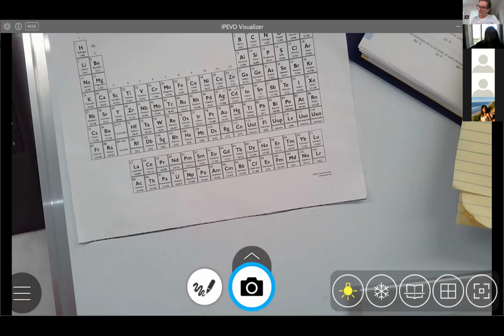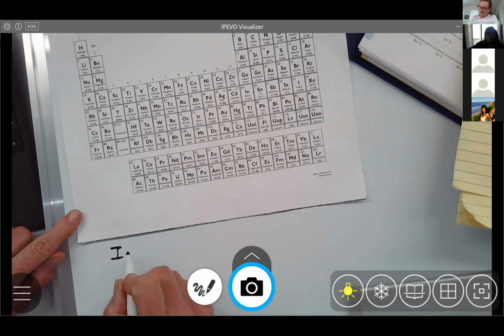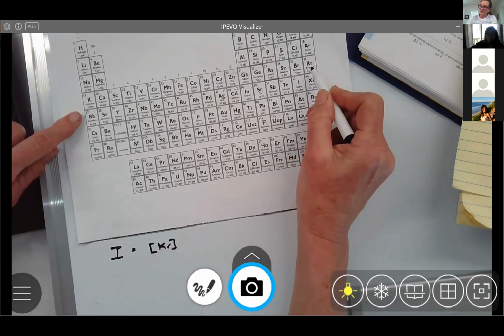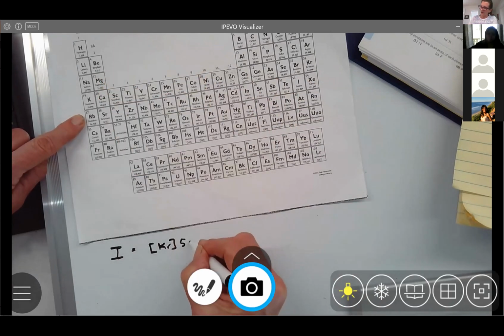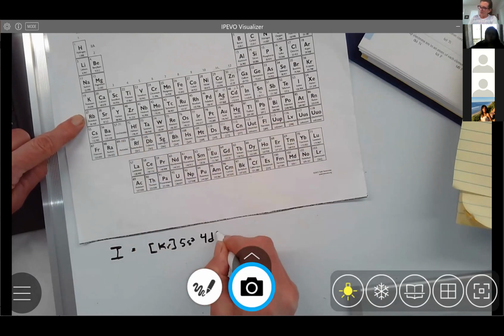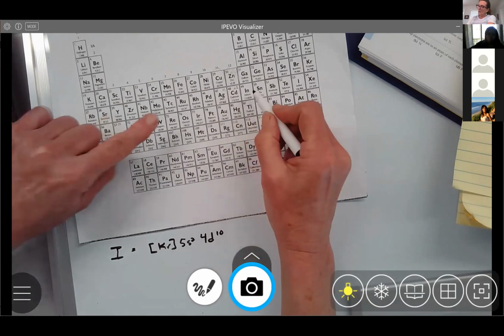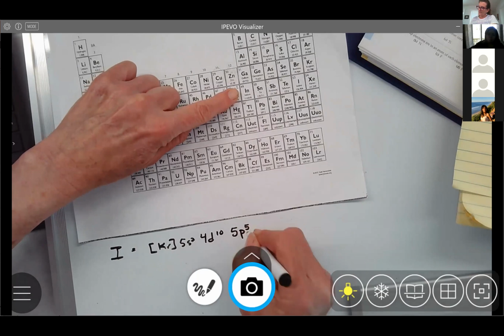So if we look at iodine, it has the electron configuration of krypton plus 5s2, 4d10, and then 5p5.